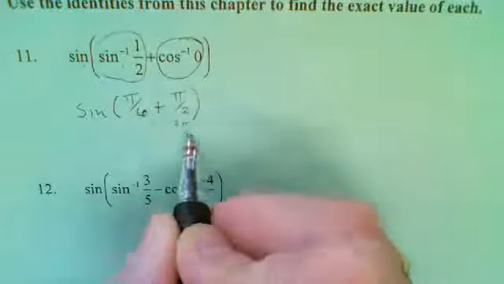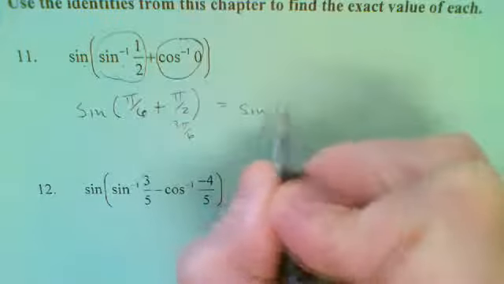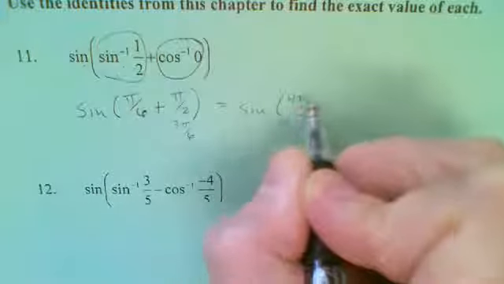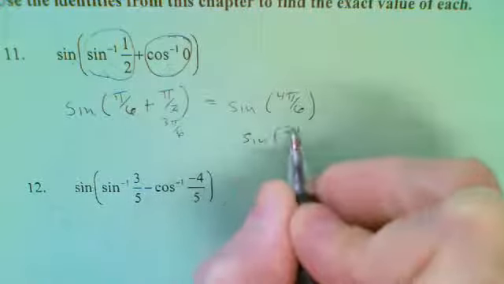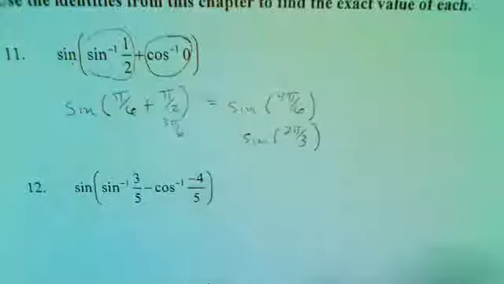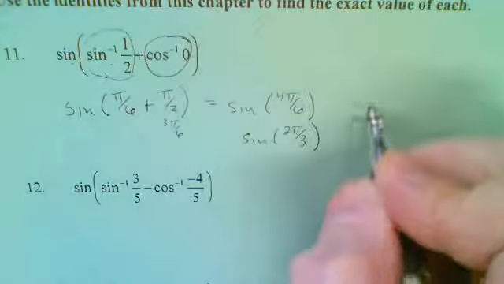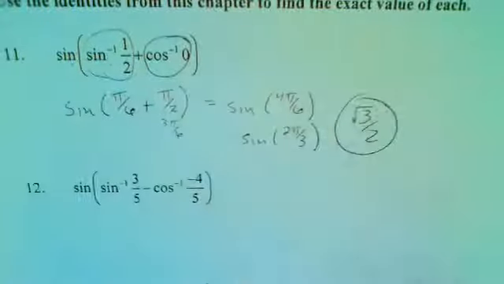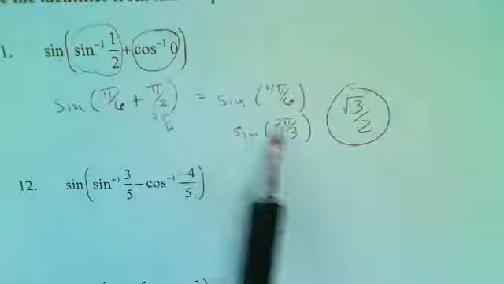So when I add these two together, it's going to be the sine of 4 pi over 6, which is really the sine of 2 pi over 3. And I know the sine of 2 pi over 3. That's the y value. So at 2 pi over 3, I go negative 1/2 over and radical 3 over 2 up. So with this one, you can actually get these two angles, add them together, and then take the sine of that angle.